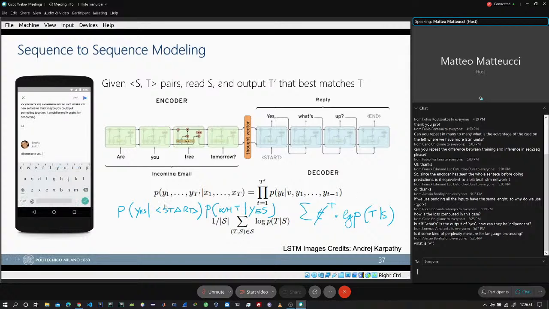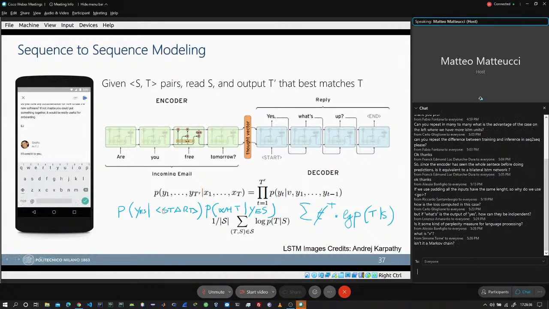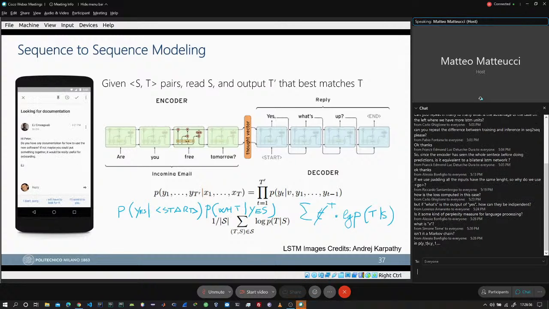It is a Markov chain, yes. It is a sort of Markov. So you assume that the text is a Markov chain. I will talk about this after, when I discuss the language model. But yes, this is a simplified version of text.